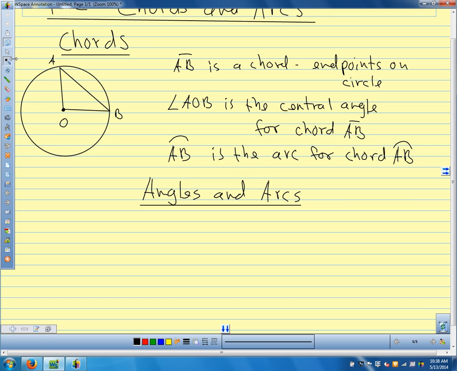So I'm not going to keep writing in a circle. We could also say we're not just necessarily inside one circle. We could be comparing congruent circles. So I'm not going to write that every time. So for our first theorem, we're going to say that congruent central angles have congruent arcs.